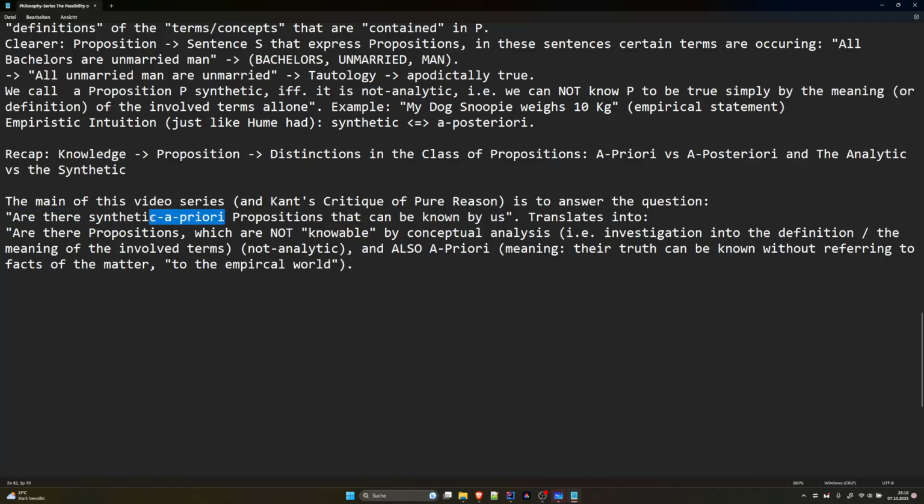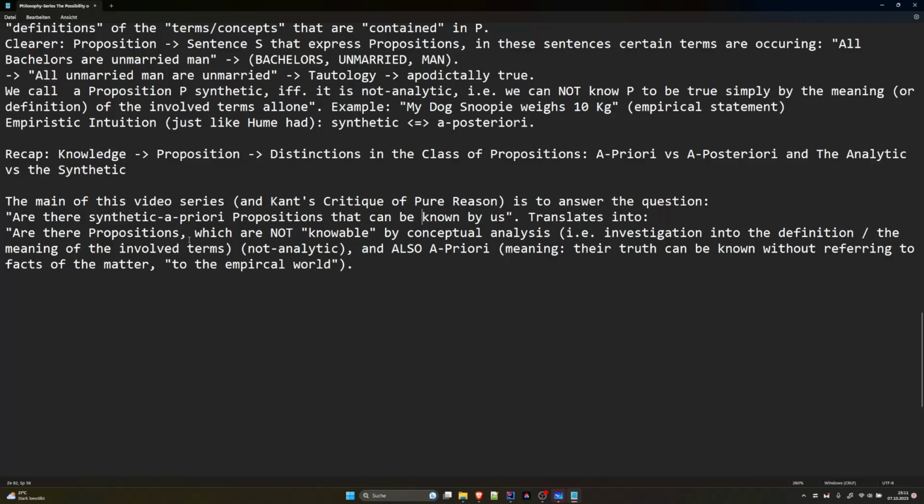Okay, maybe a little detail with this question. Of course, we are interested in true synthetic a priori propositions that can be known by us, and this is guaranteed by the meaning of the term known. We did the conceptual analysis previously.